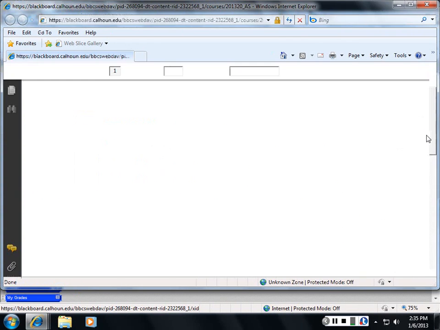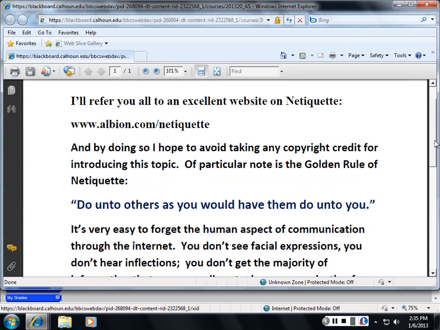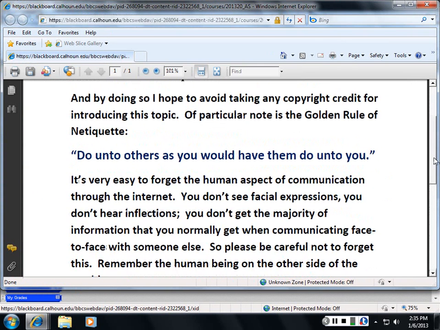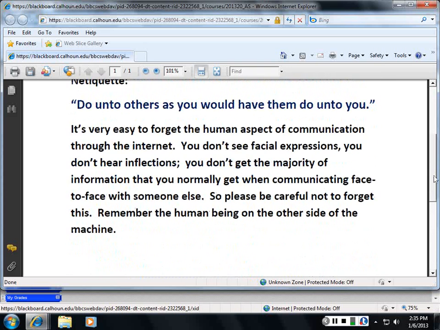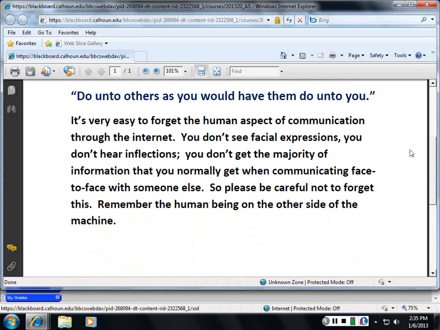Etiquette. Here's something for us all to remember, and I don't want to take particular credit for this because this is not something that I thought of, that's something that someone else thought of. Part of the problem with an online course is that in communication, what you don't see is all the visual information.